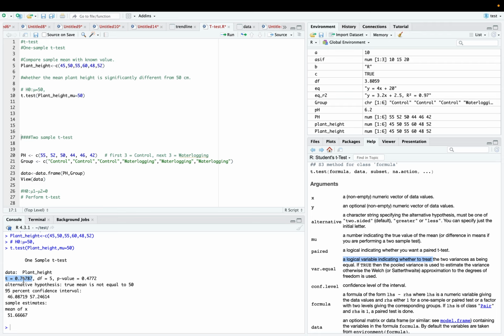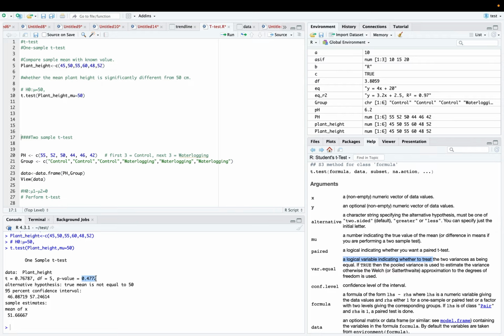So here t value is smaller. What does it mean? That means the difference between the group mean is lower, so there is a high chance that there will be no significance. And then degrees of freedom is 5, as we have 6 in total minus 1, so 5.